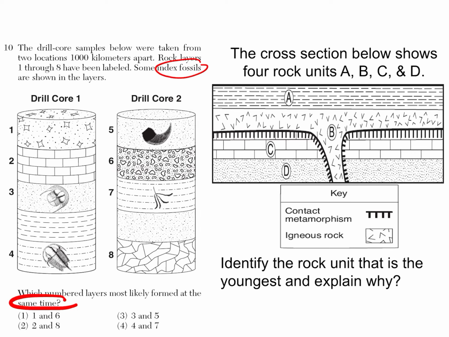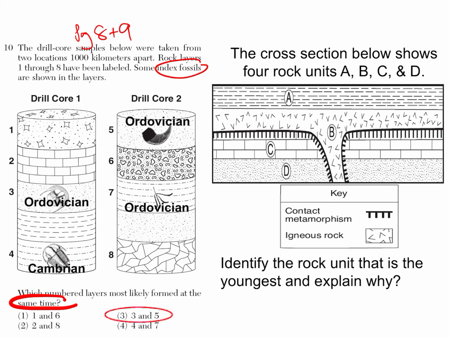Now, you don't have any repeat fossils, right? There's 4 different fossils, so you need to look them up in page 8 and 9, right? And if you do that, you should notice this. So your choice should be any of them that match up Ordovician. So that's 3 and 5, right? They both existed in the Ordovician.